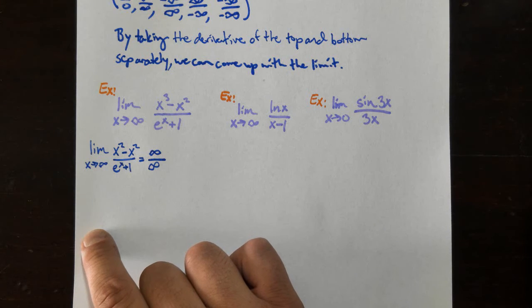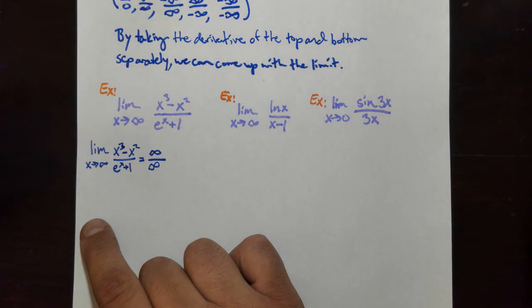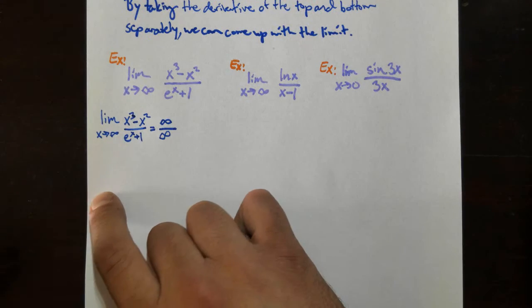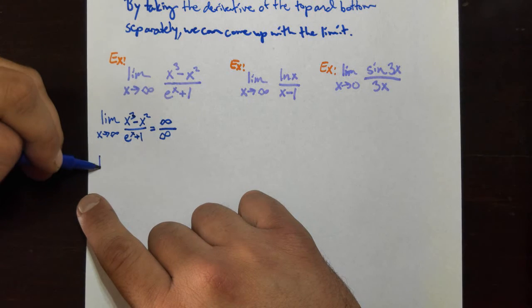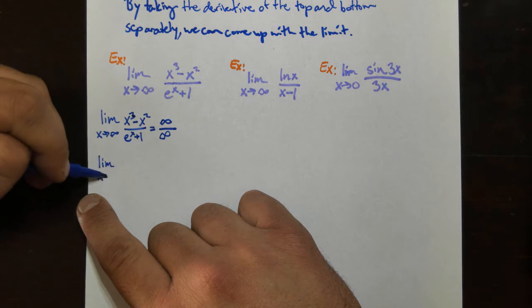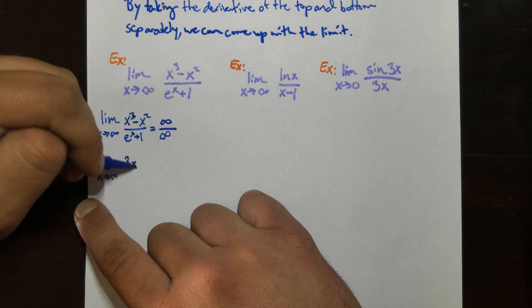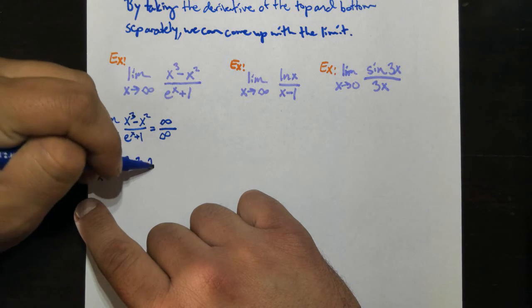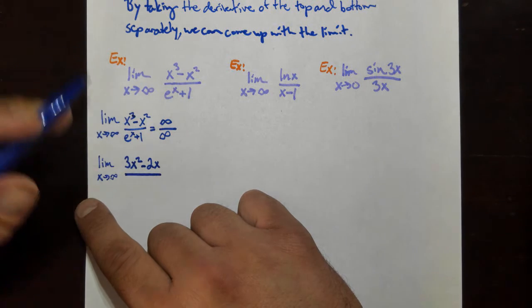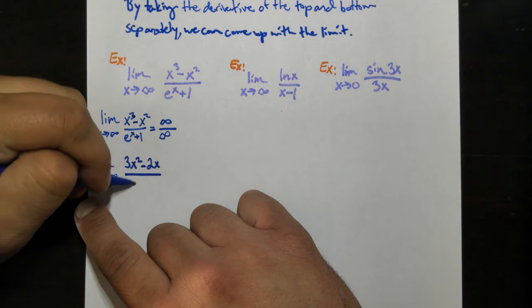Let's apply L'Hopital's rule and see what we get. Note this is x cubed. Let's take the derivative of the top and bottom separately. The limit as x approaches infinity is 3x squared minus 2x over the derivative of e to the x, which is e to the x.